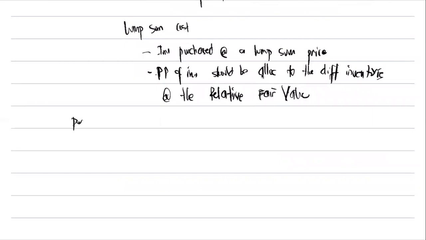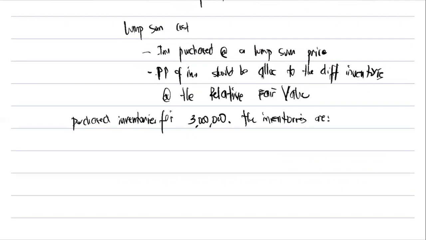So for example, purchase inventories for 3 million pesos. The inventories are inventory A, inventory B, and inventory C. The relative fair value of inventory A is 500,000, B is 2 million, C is 2.5 million.